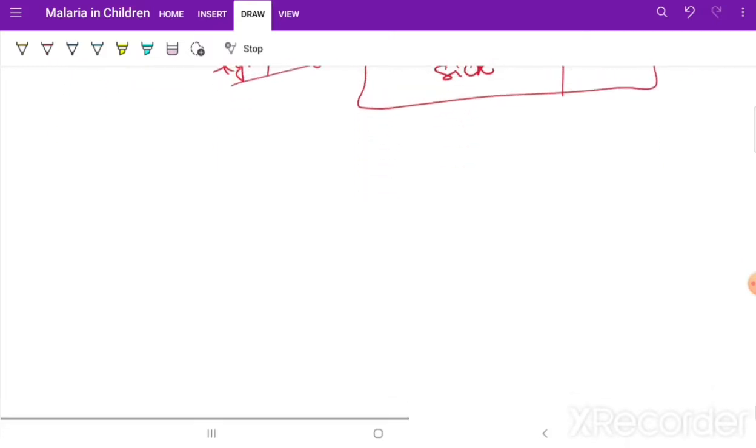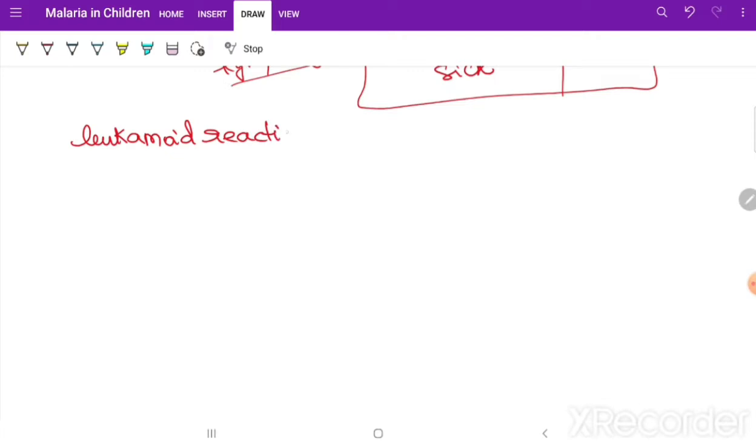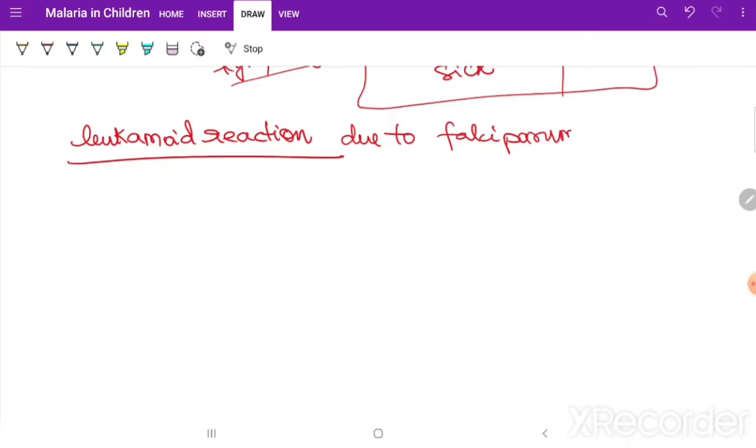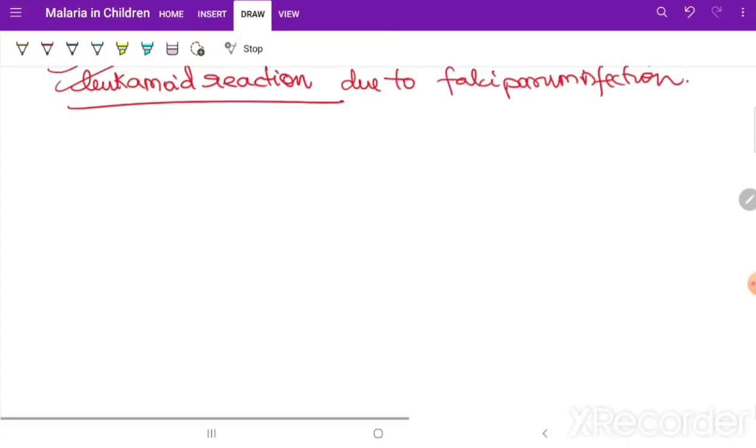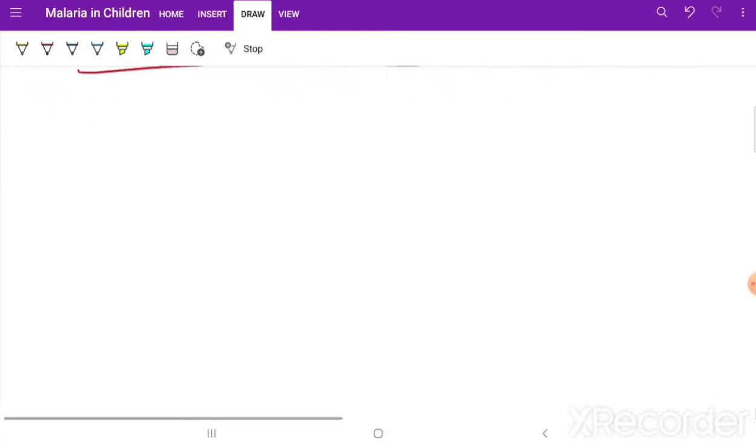So even though rare, I would like to mention that I have seen 2 cases of leukemoid reaction in my ICU which were due to falciparum infection. This is out of my personal experience, not a very common finding, but definitely this can be a presentation. Okay, this was a side note.